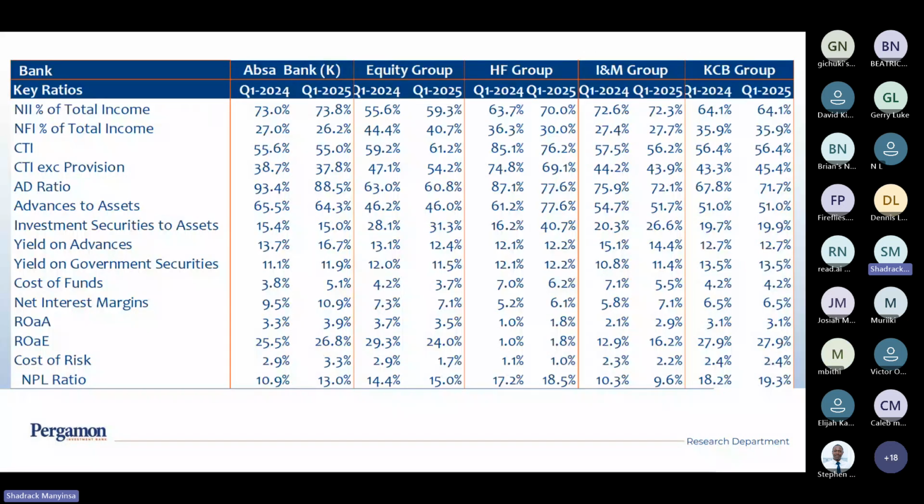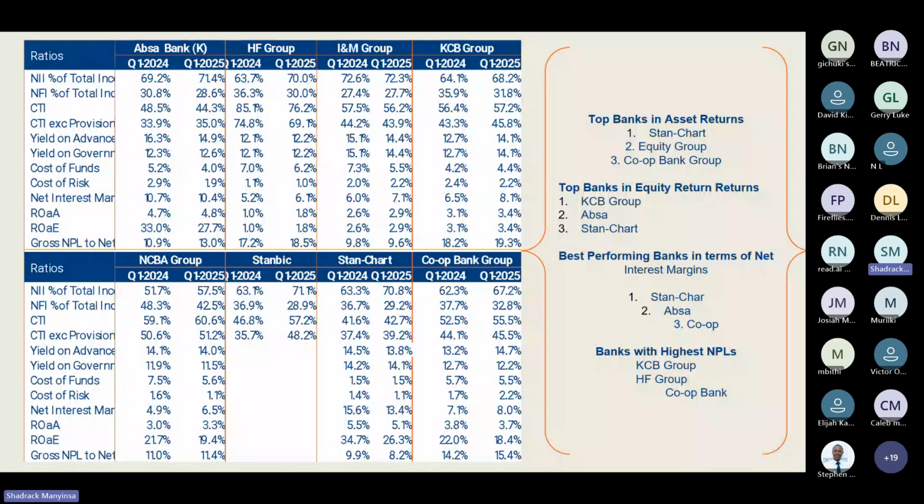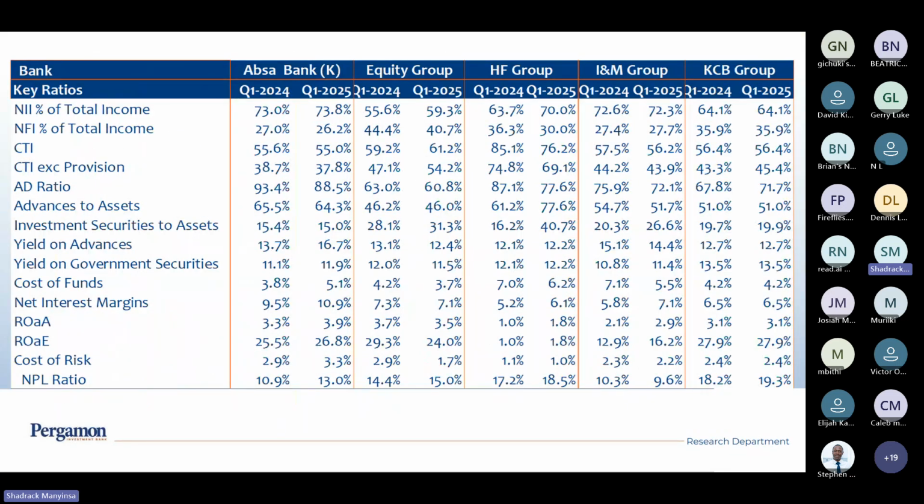So let's look at the ratios and how they performed. In terms of the bank which performed the best in terms of return on investment, that was Standard. Standard recorded the best return, with a net interest margin of almost 12%.